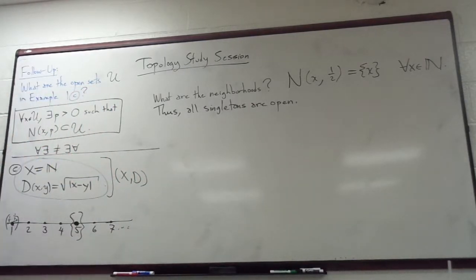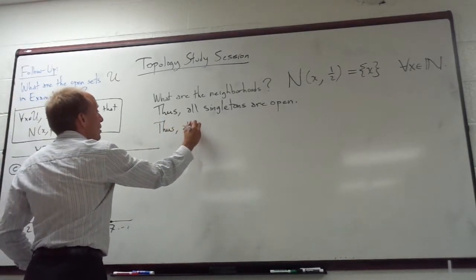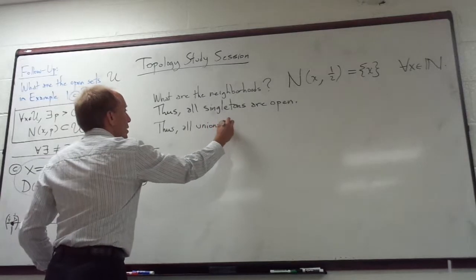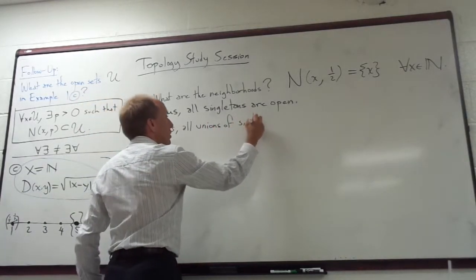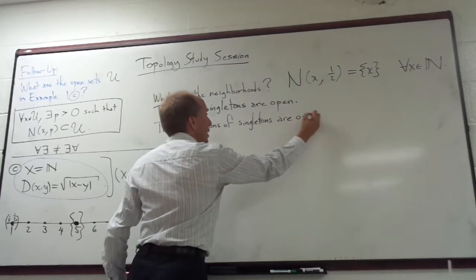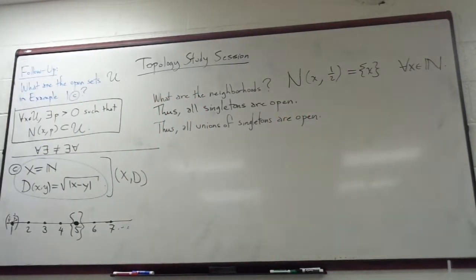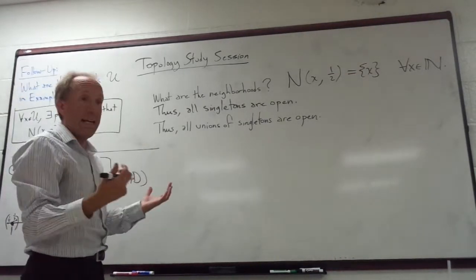That's it. That is the answer to the question. What are the open sets? The answer is all subsets of the natural numbers. Every single set whatsoever. Okay? So, thus, all unions of singletons are open. Remember that open sets are preserved by arbitrary unions, right? Any set.